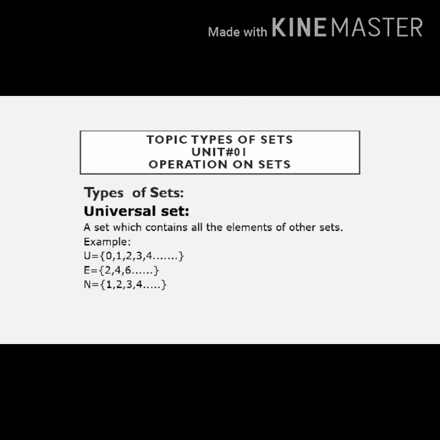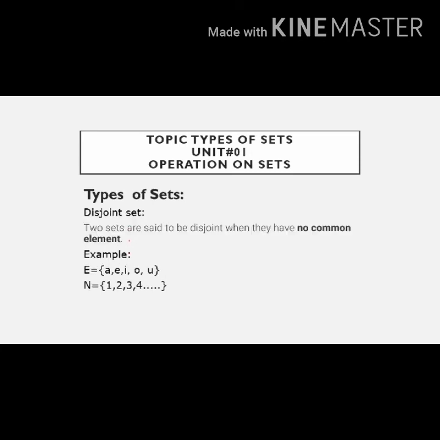And the next set that is given is N is equal to 1, 2, 3, 4. Now see that set U contains the elements of sets E and N. That's why it is known as the universal set. So a universal set is a set that contains the elements of all other given sets. And the universal set is denoted by capital U.